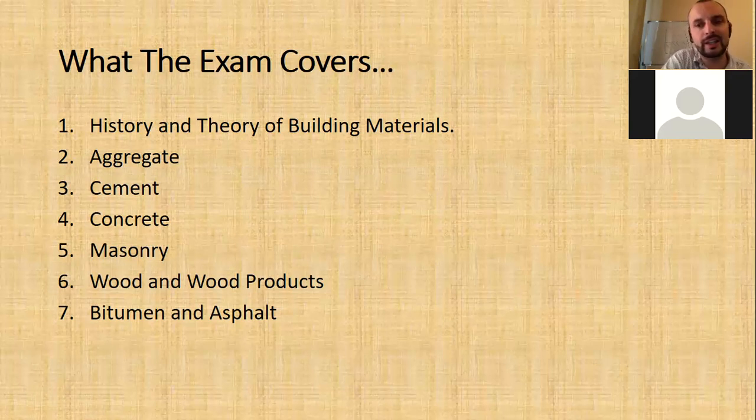Because there was no assignment on bitumen and asphalt, there will be a little bit more questions on bitumen and asphalt. Roughly around 20% of the questions you get will be on bitumen and asphalt. Just be aware of that.